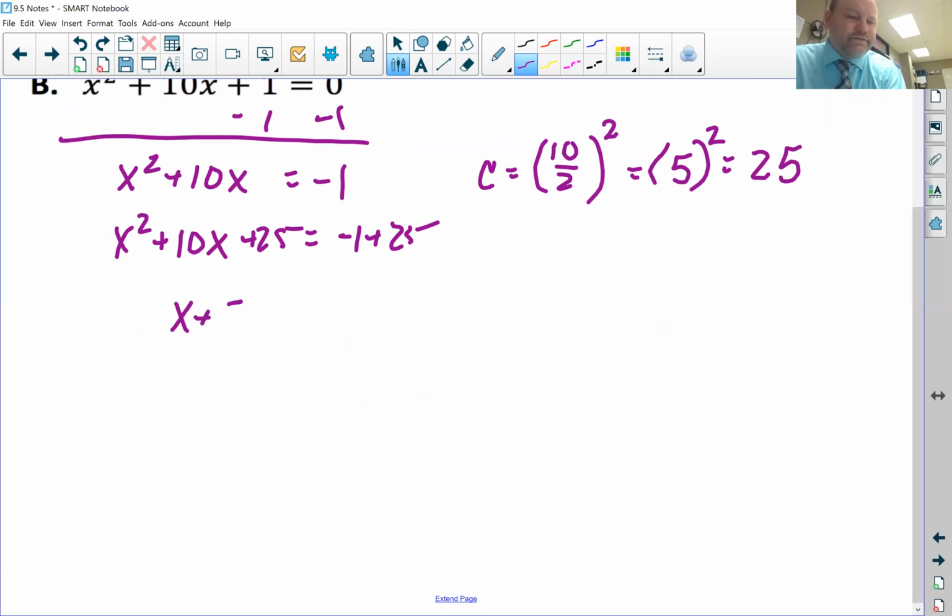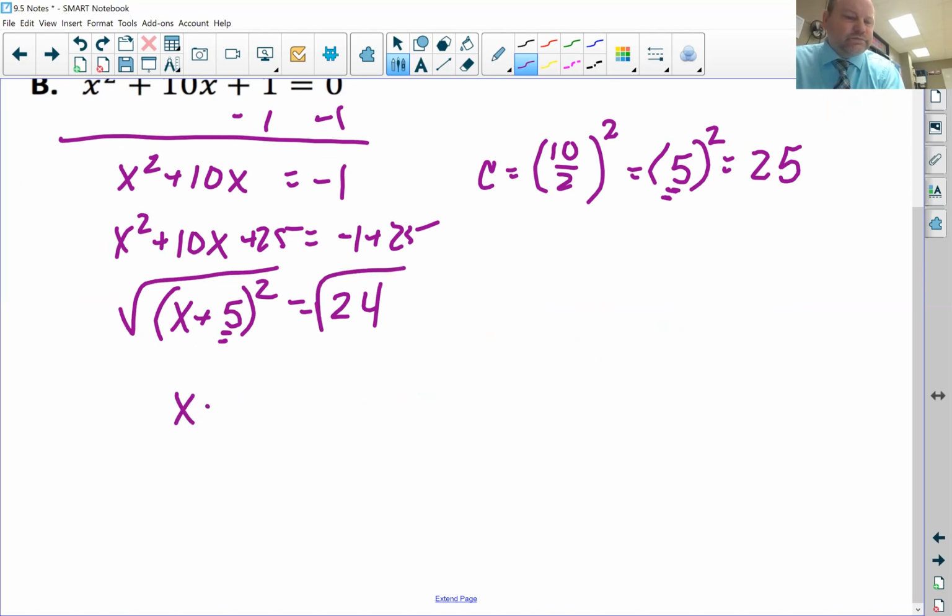The left-hand side factors, x plus 5 squared, again, that 5. It's right there. Negative 1 plus 25 is 24. Take the square root. So on the left-hand side, the square goes away.